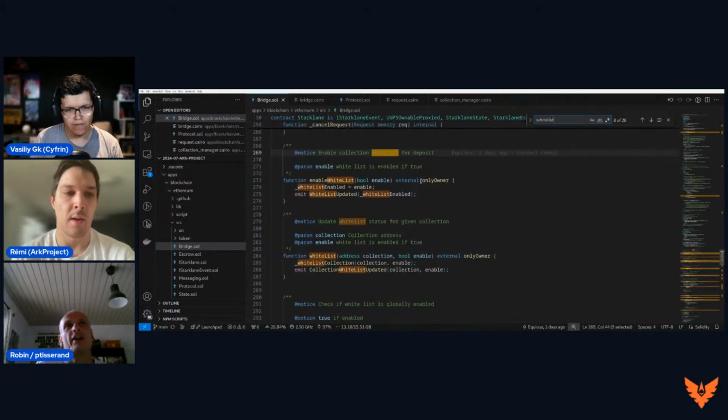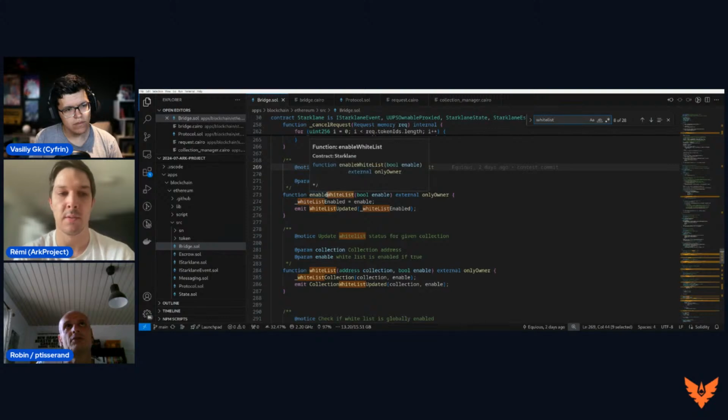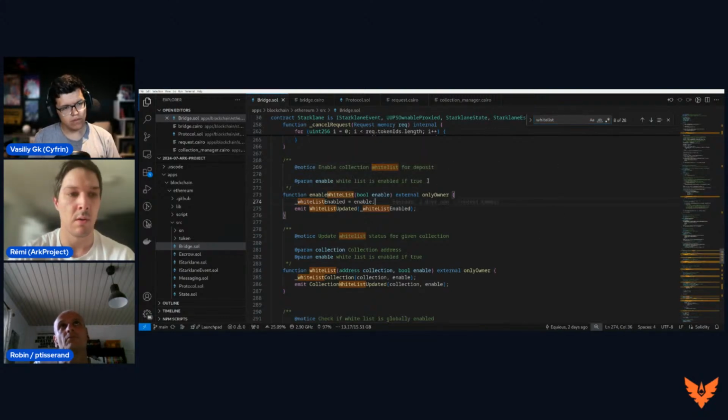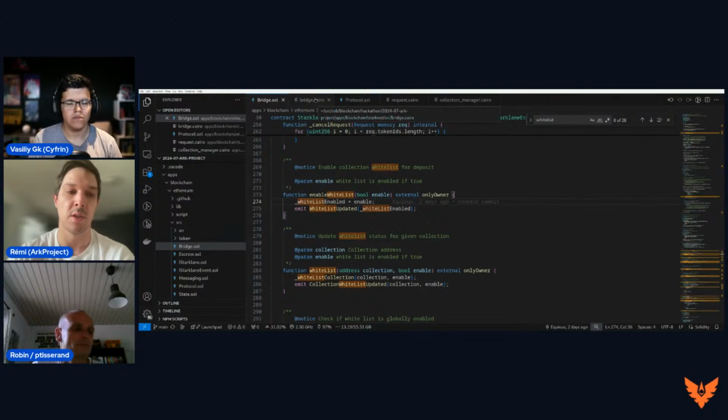And as was said, there is a limitation related to the maximum size of messages between L1 and L2, which could potentially lock NFTs in the bridge contract if too many are transferred at once. That's why we included a limit in terms of message size.